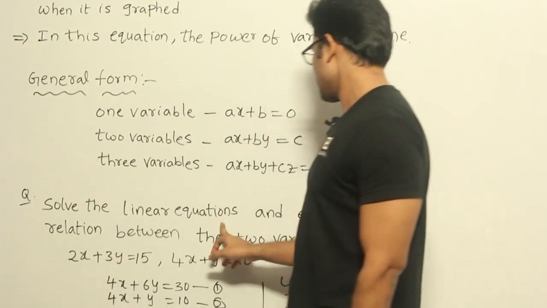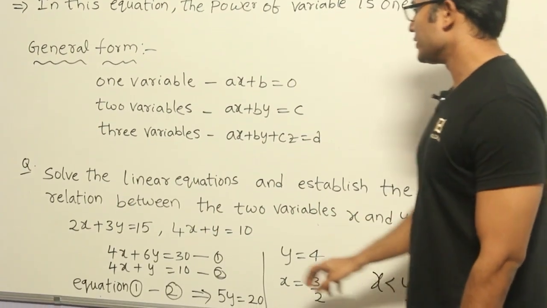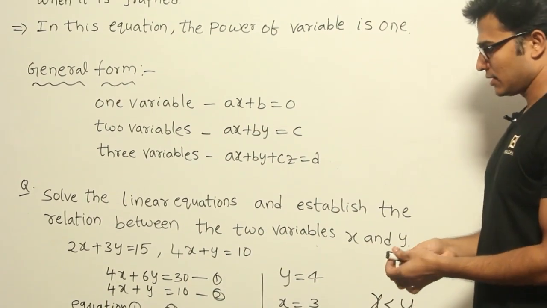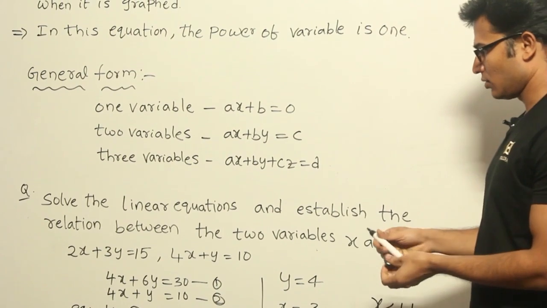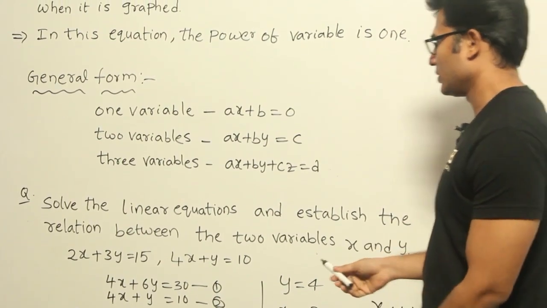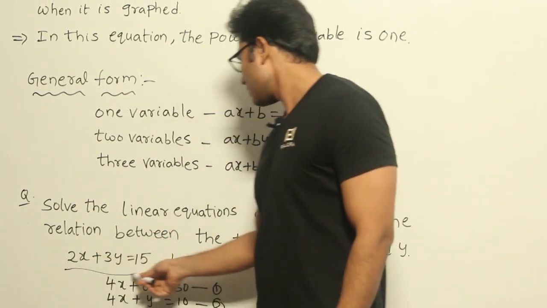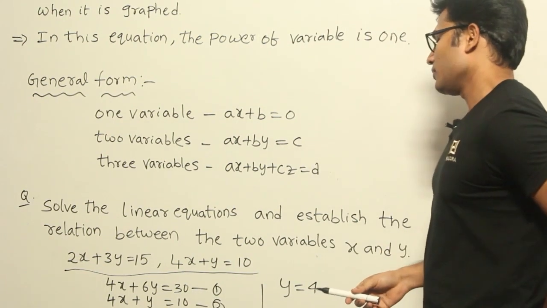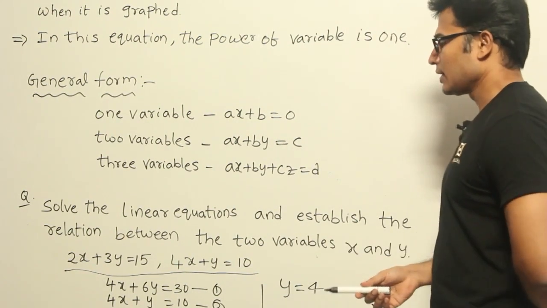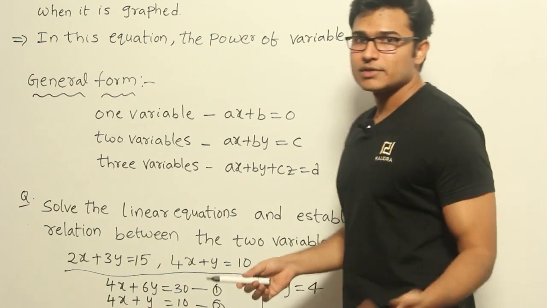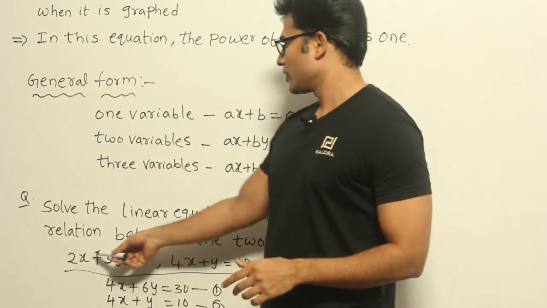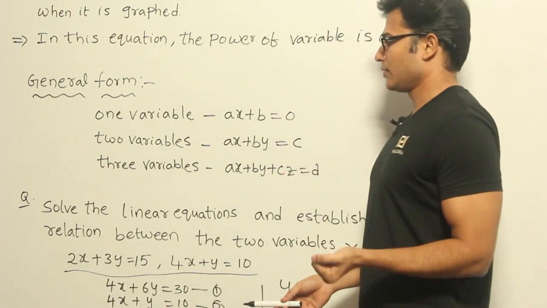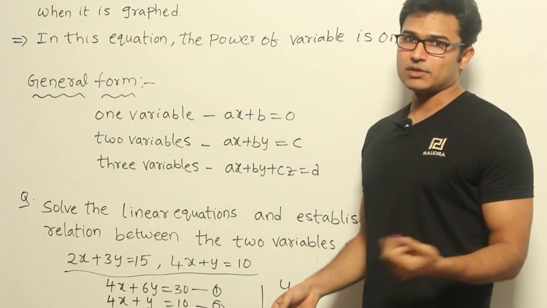Now let's see one example. Solve the linear equations and establish the relation between the two variables x and y. Two equations are given: 2x plus 3y equal to 15 and 4x plus y equal to 10. Whenever you try to solve such equations, count the number of variables. There are two variables here, x and y. When you have two variables, you need at least two equations to solve it.